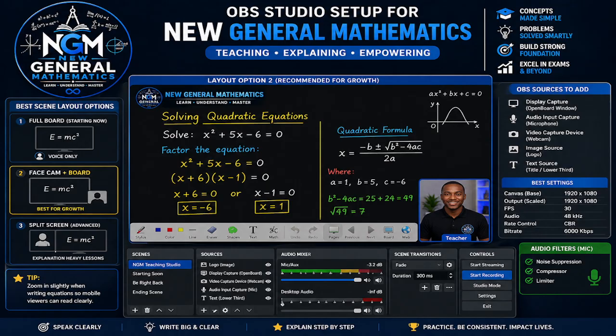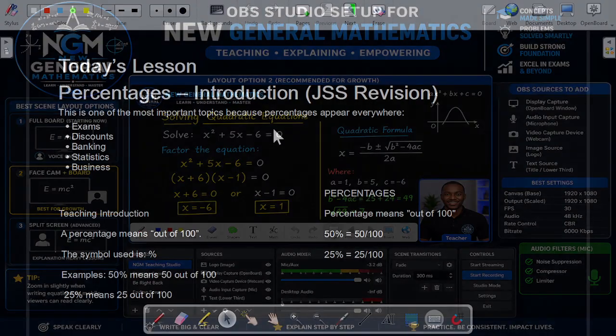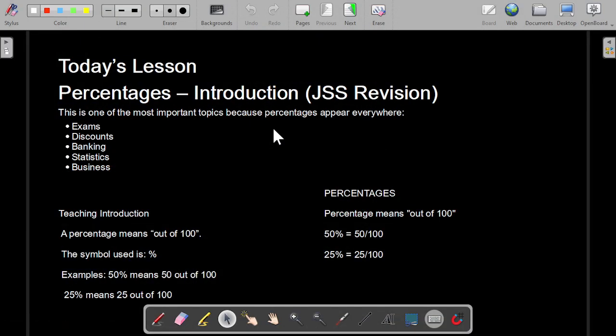So today I will be talking about percentage. It is very important that we understand the word percentage. So as I said, today's lesson is percentage.